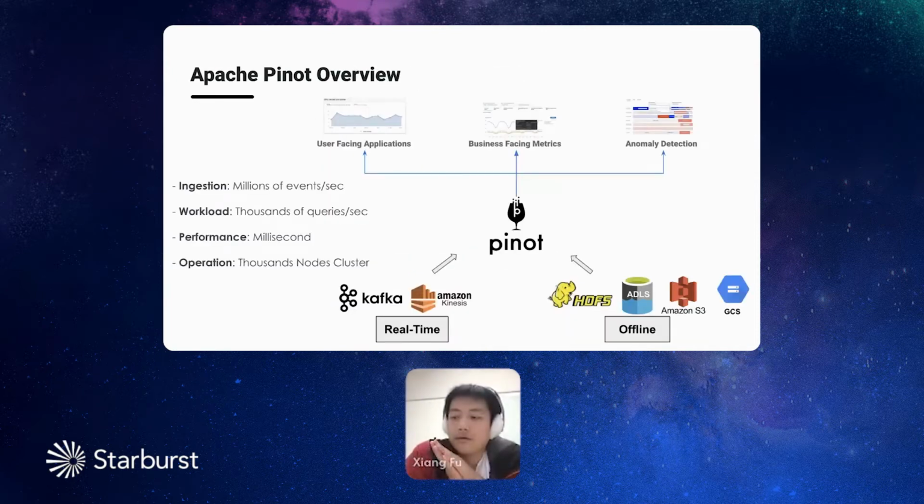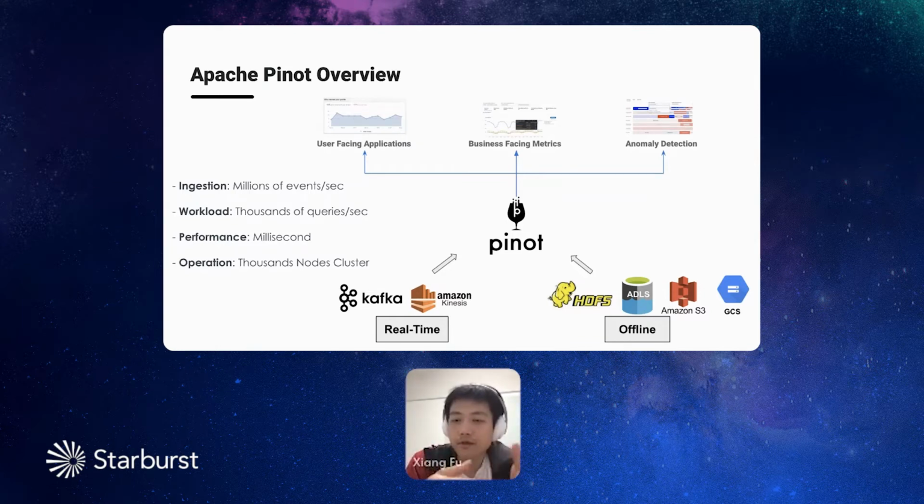So at a very high level, Pinot is basically an OLAP data store, built at LinkedIn, and right now it's being widely adopted for many user-facing applications and business analytics use cases, and we also use it for anomaly detection use cases as well.